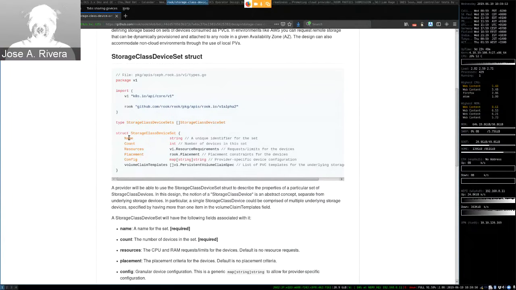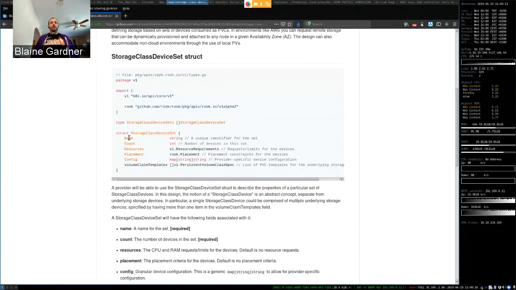The resources and placement fields are not going to be required fields to specify a device set. They are optional. So you can optionally override the settings you have in your broader Ceph cluster. I still think it's better to leave these out initially and consider if there's a way that we could design that device level granularity into a different part of Rook that wasn't a specification for using a set of claimed devices.